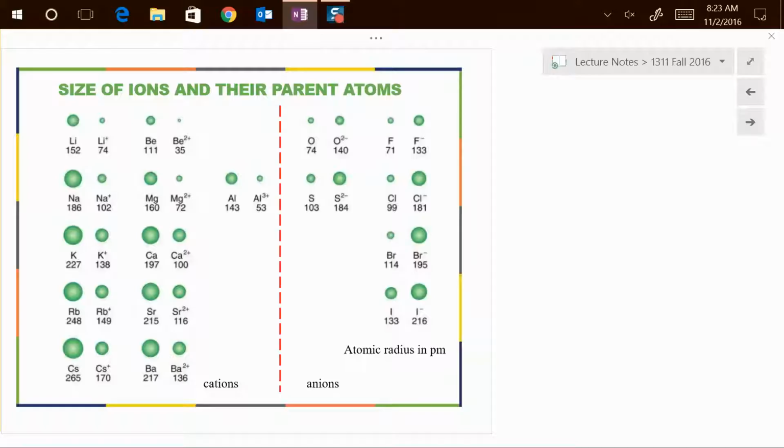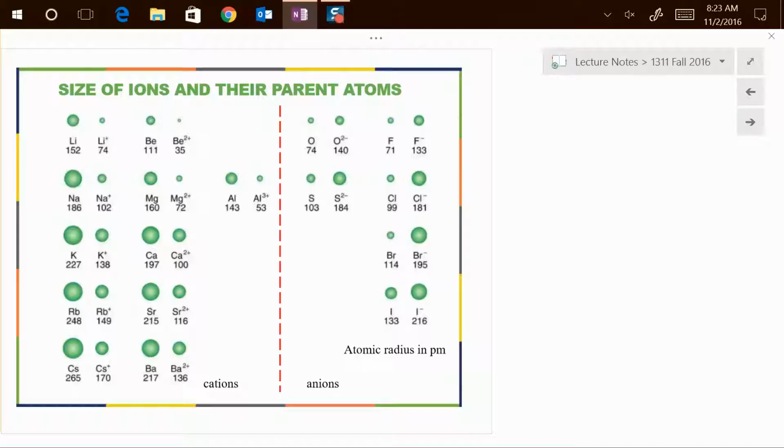Okay? But now look at these guys. Lithium was at 152. Fluorine started at 71. So lithium was significantly larger than fluorine.